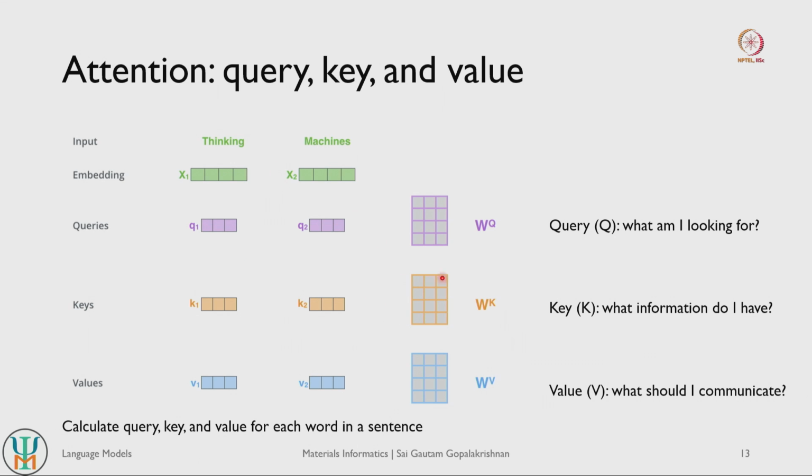Same thing if you do it with respect to your key matrix, the resultant you get is a key. So this is the query of thinking, this is the key of thinking, and same thing if you do it with respect to the value matrix, you get your value of thinking, right. And these matrices are all learnt by the attention model when it is being trained.